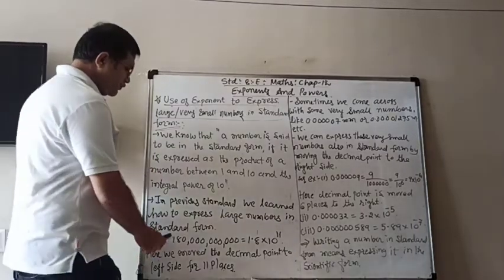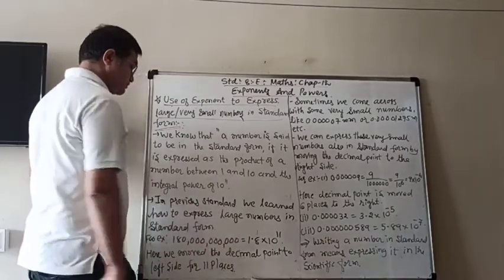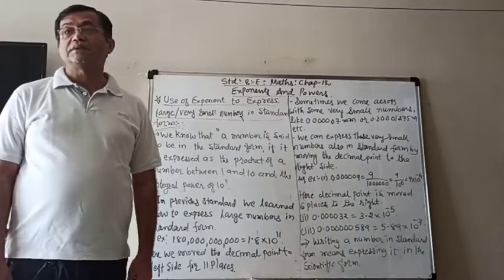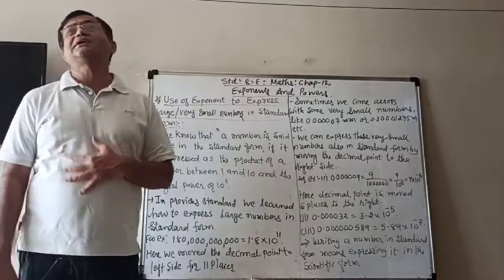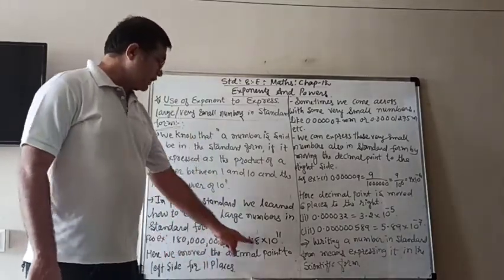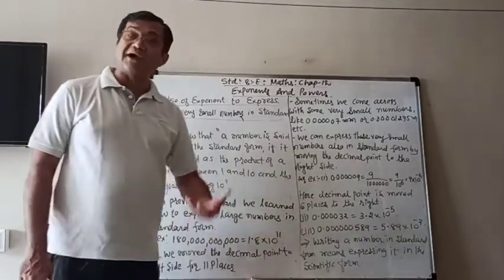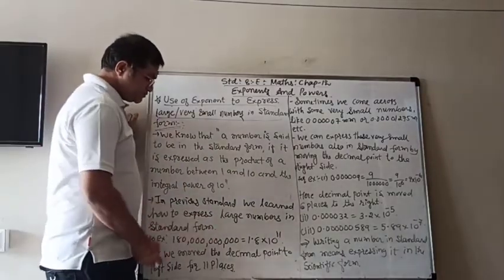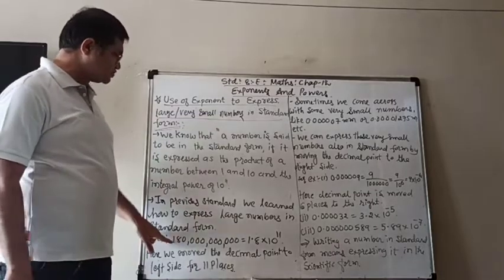Look here, 180000000000. It is a very big number. Now we can write it in standard form like this: 1.8 multiplied by 10 raised to 11. Why 10 raised to 11? Look here. We need the decimal point after the first non-zero digit, which is 1.